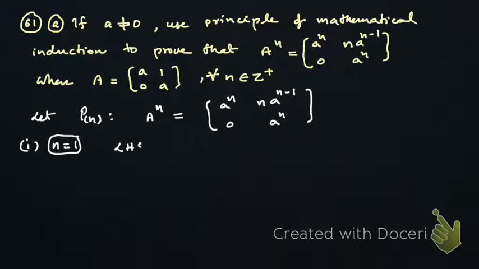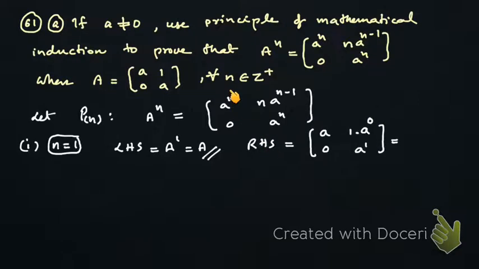So I'm going to do the left hand side. What's the left hand side? A raised to n, but n is chosen as 1. So A raised to 1 is A. So that's my LHS. Now what is the right hand side? The right hand side is [[a^n, n a^(n-1)], [0, a^n]].